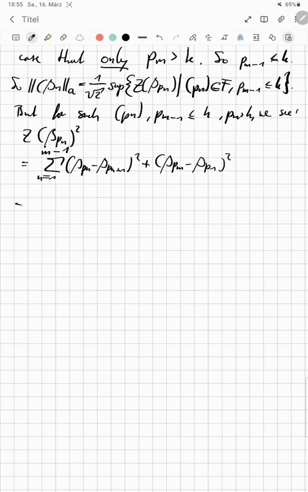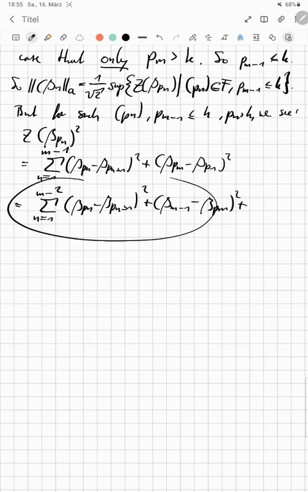Now we pull one of these summands out, so this is just the same as the sum from 1 to m minus 2 of (beta P_n minus beta P_{n+1}) squared plus (beta P_{m-1} minus beta P_m) squared. And then we still keep this last summand, (beta P_m minus beta P_1) squared.